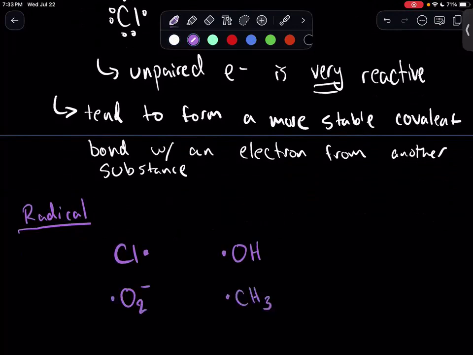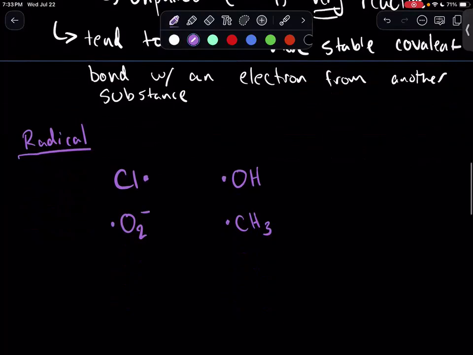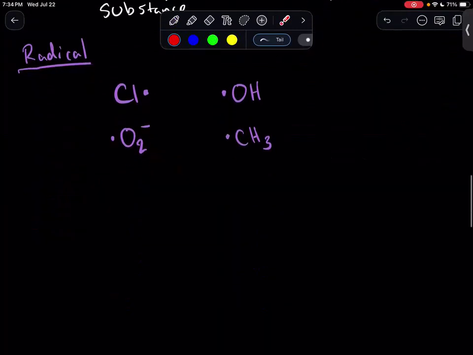And so these are all examples of radicals. As we go through this, we're going to be representing these radicals in chemical equations. So you need to be comfortable using these as such. Now, for this section, however, we're mostly going to just be referencing our halogen radicals, but we'll have a couple others as well. So how do we form these?